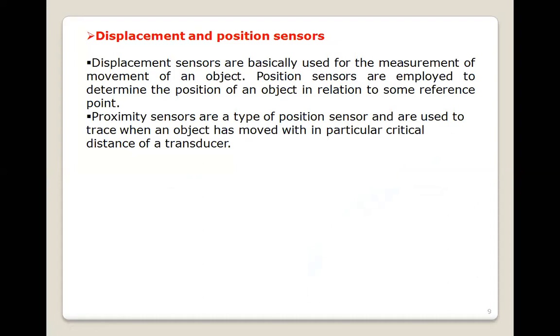Position displacement sensors are basically used for the measurement of movement of an object, and position sensors are employed to determine the position of an object in relation to some reference point. It means the displacement sensor is used for the change in position, and the position sensor is used for the measurement from the reference point to the position of the object.